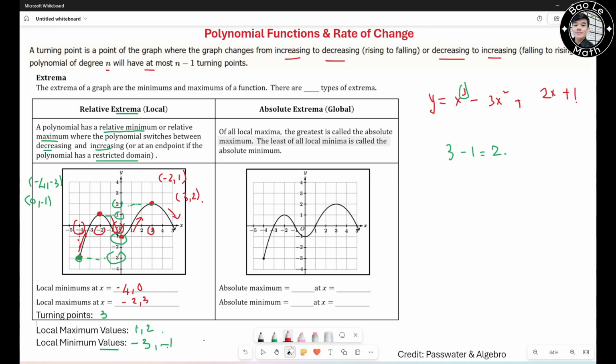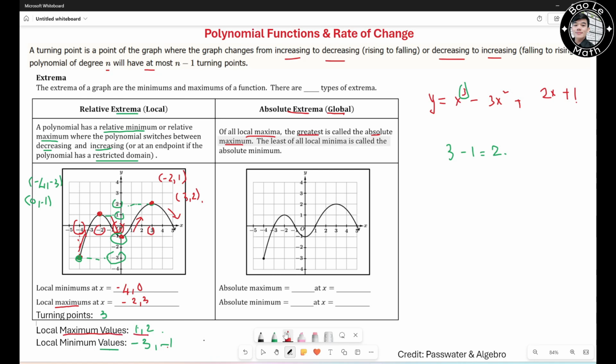Now, we're going to talk about the absolute extrema. Another name for absolute extrema is global extrema. Of the local maxima, the greatest is called the absolute maximum. So we look at the local maxima right here, -2 and 3, and the values are right here, 1 and 2.